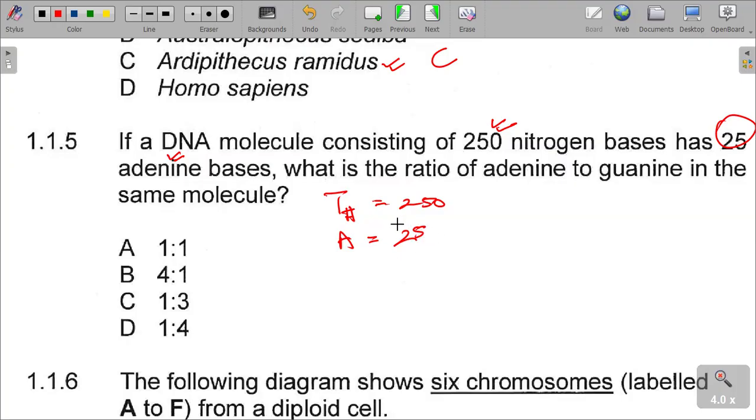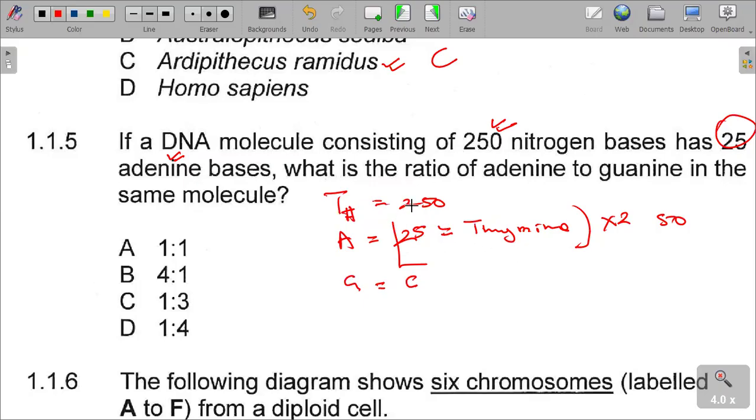What we need to understand is that adenine is equal to thymine. So we multiply by 2, and adenine plus thymine is equal to 50. Then, what is the ratio of adenine to guanine in the molecule? Guanine is equal to cytosine.